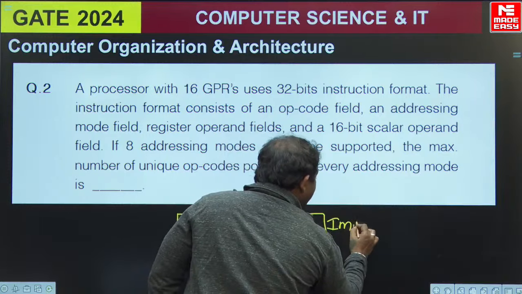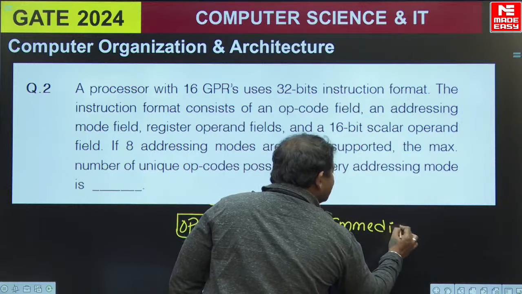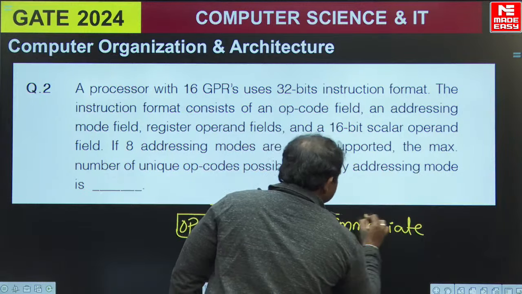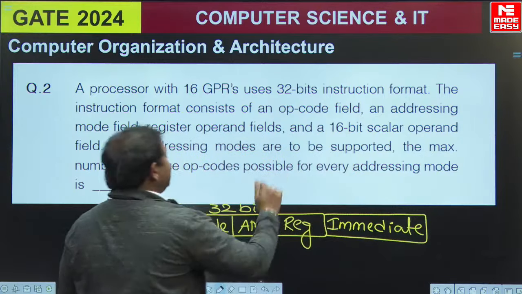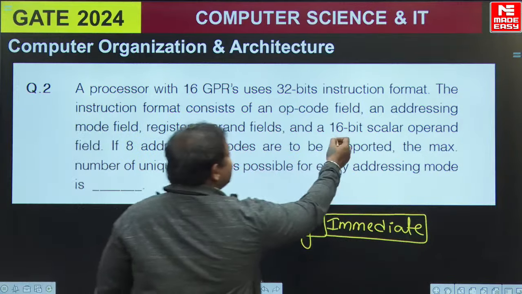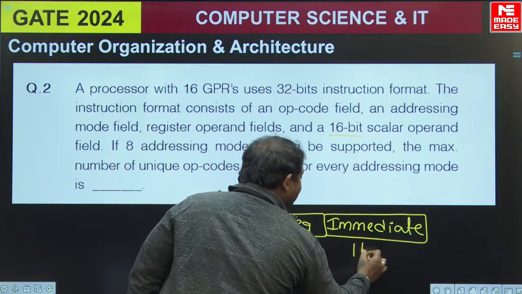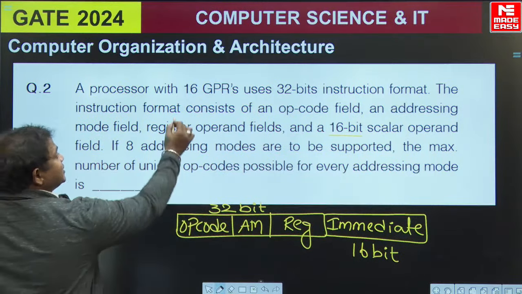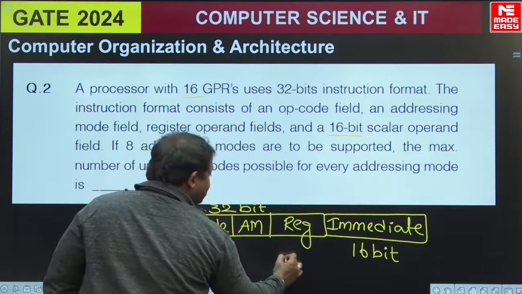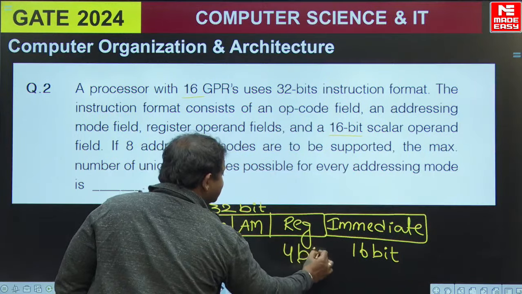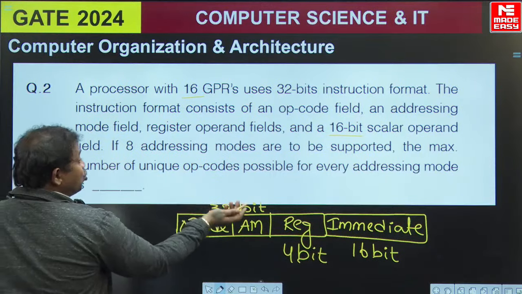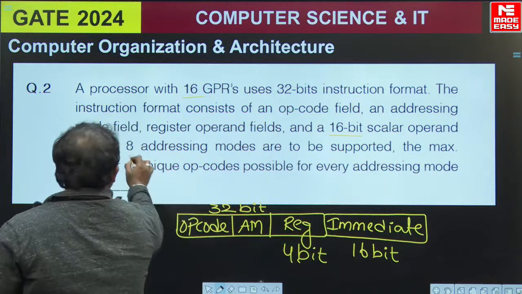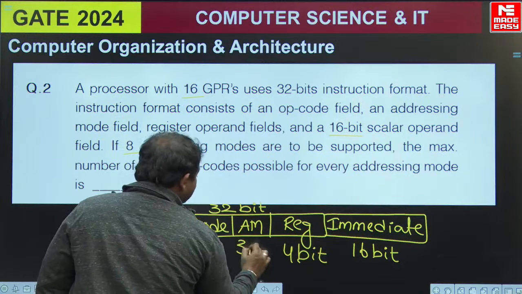Scalar operand is nothing but an immediate constant field. So here a 16-bit immediate constant field is already mentioned in the question. Then the number of registers is 16, so a 4-bit address is required for the register. The number of addressing modes is 8, given in the question, so 3 bits.